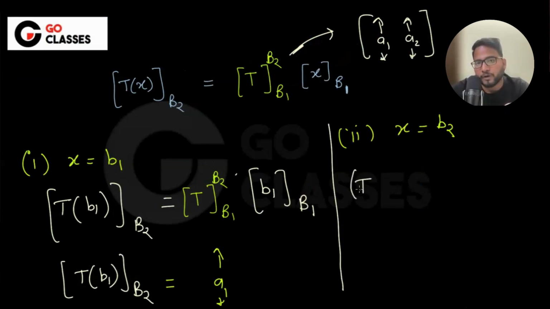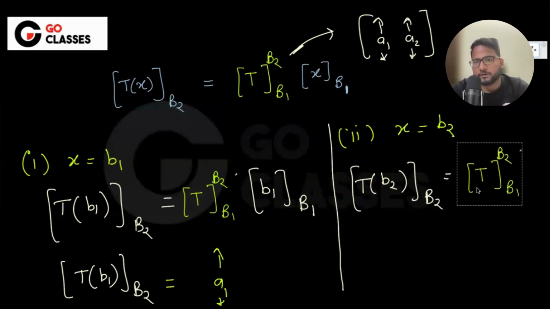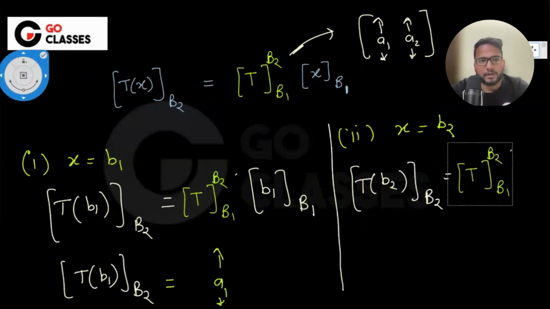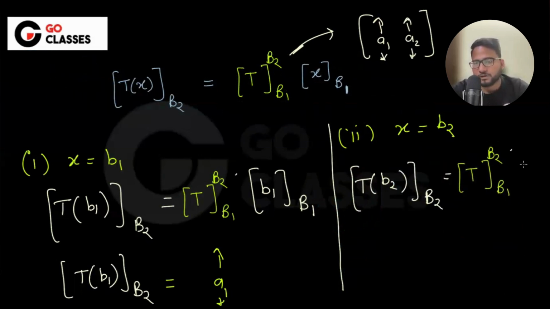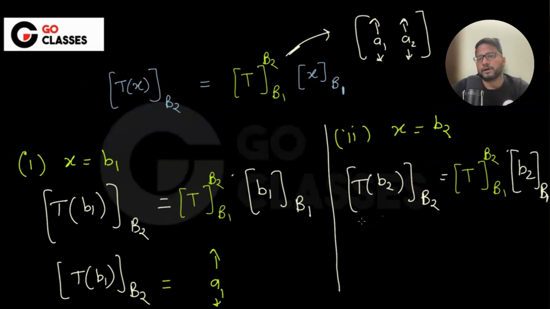So if you put x equal to B2, this is some mystery, right? And then this is B2 with respect to B1, right?